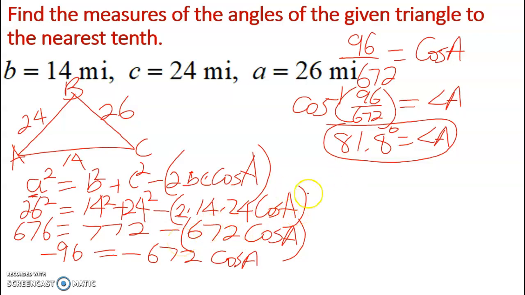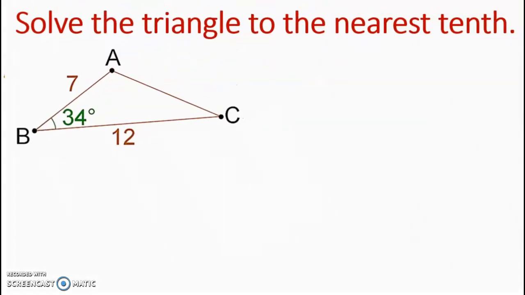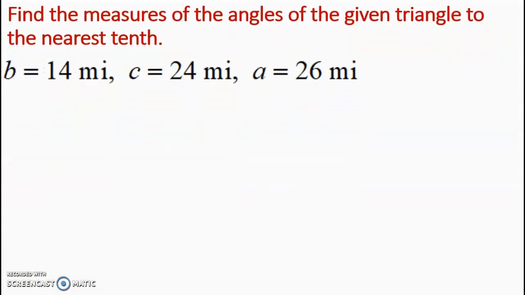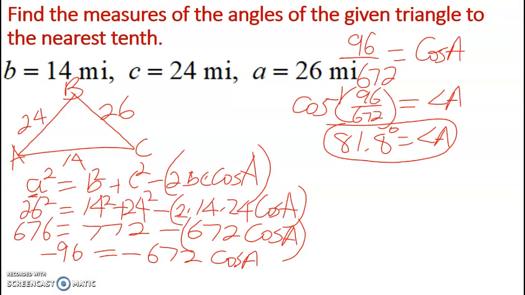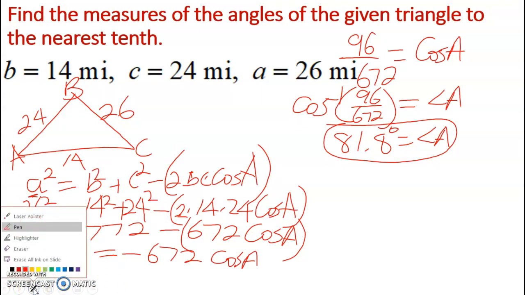Now, we find angle A. This takes us only to find angle A. Now we're going to do the same process again to find angle B. I'm going to use a different color. See how much I can squeeze in here.